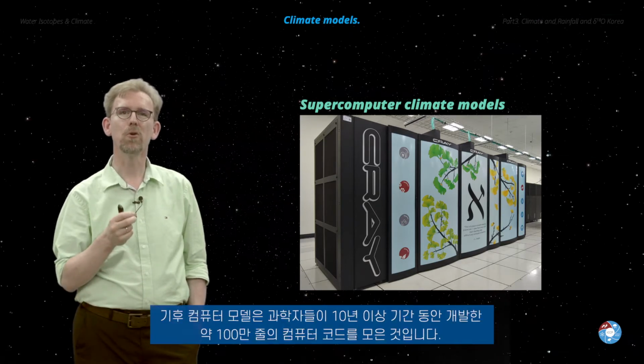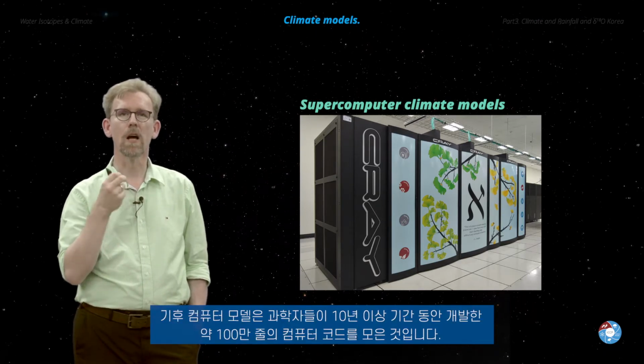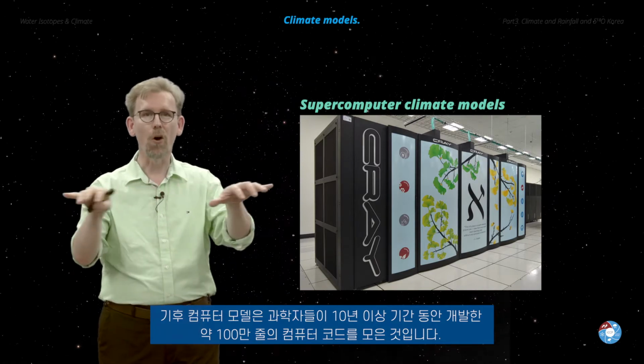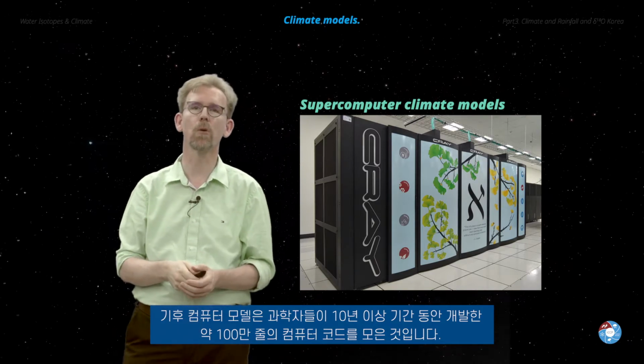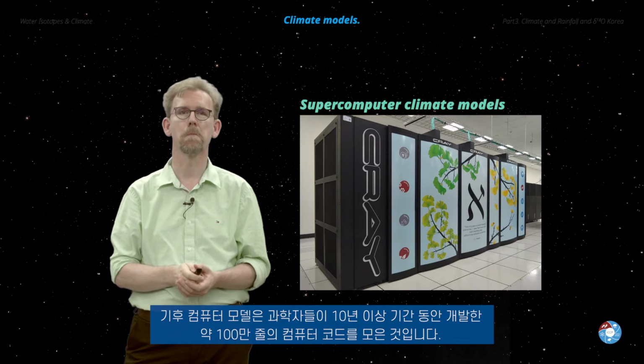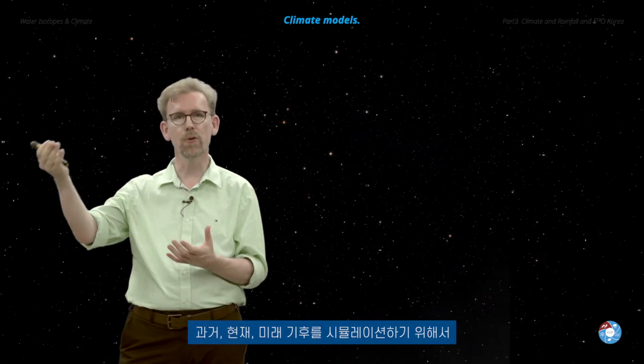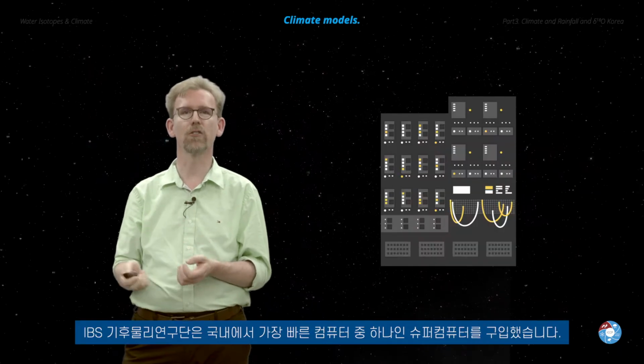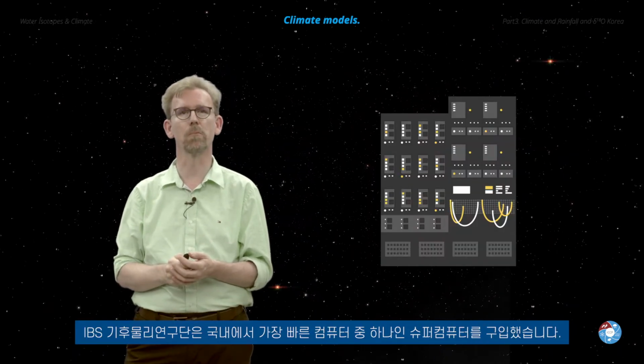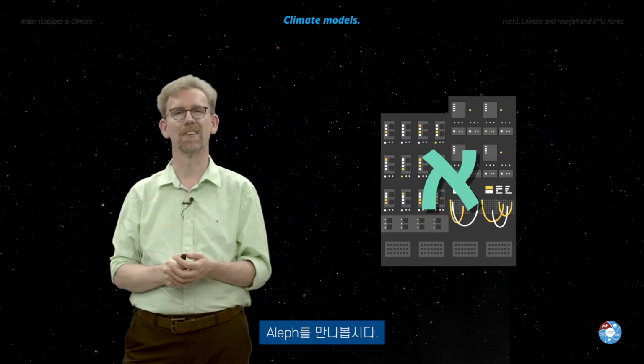A climate computer model is a collection of about 1 million lines of computer code that scientists developed over tens of years.